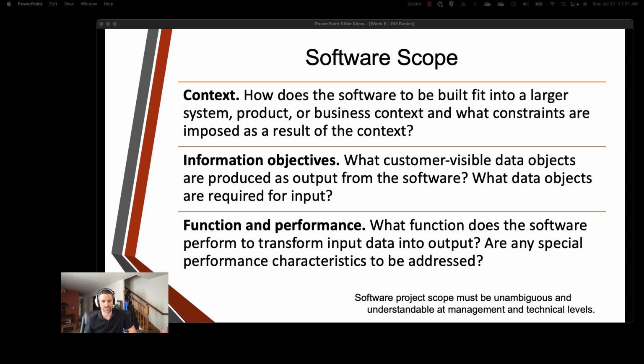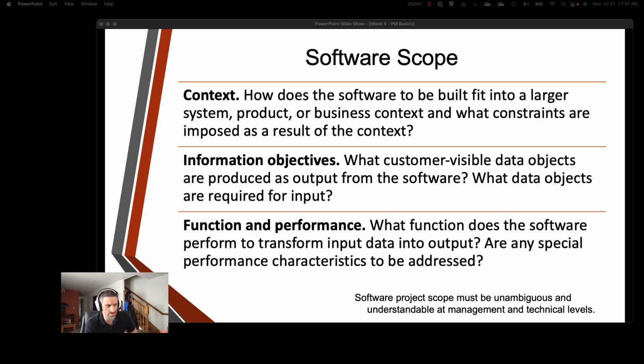May also involve integrating with existing systems or platforms, adhering to industry standards, and considering any constraints imposed by the overall context. So for example, the software might need to interface with other applications, share data with external systems, stuff like that. So these questions will help you to resolve what the context is around this scope.